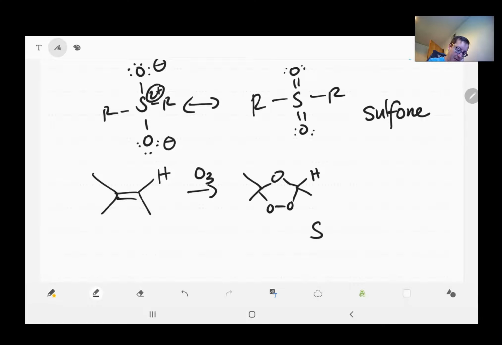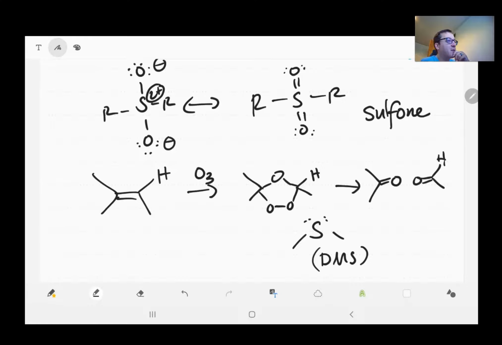You have to put a sulfur compound here, DMS, dimethyl sulfide. Perhaps this might be familiar? Let me make that a little bit clearer. Do you remember this reaction? Oxidative cleavage of alkenes, or ozonolysis?